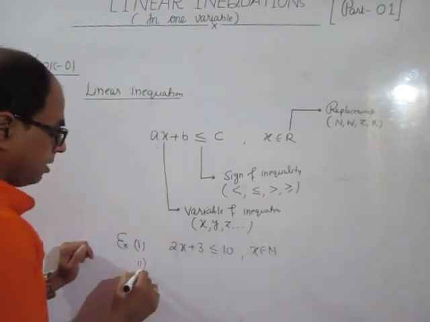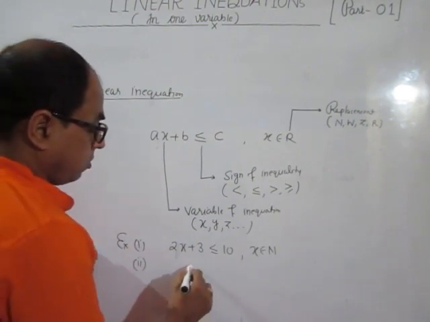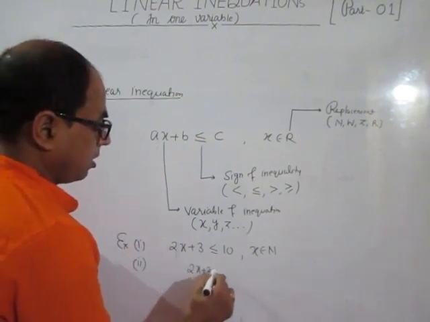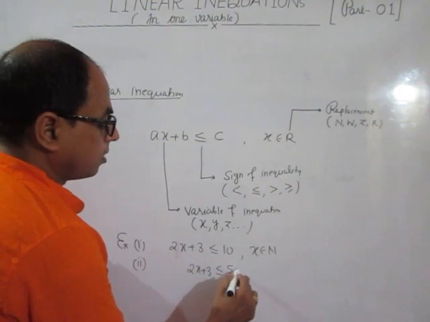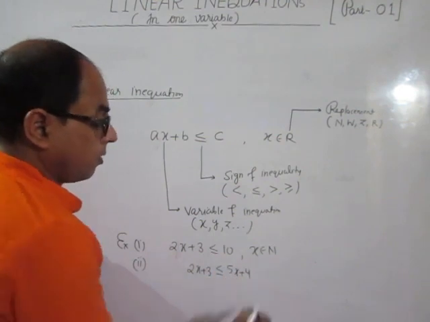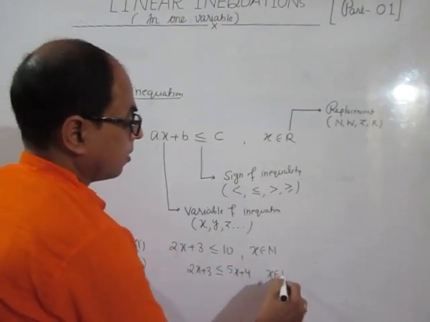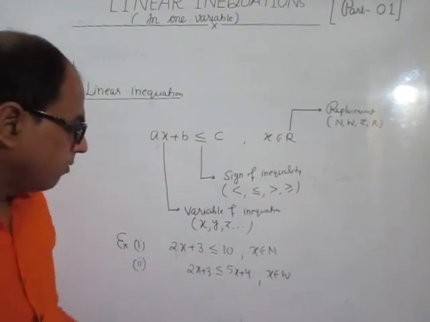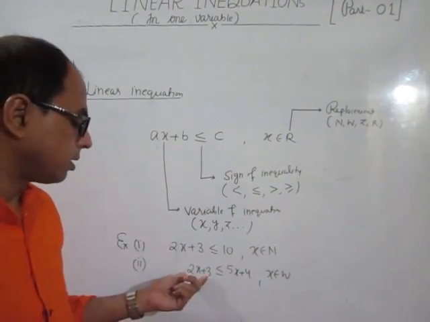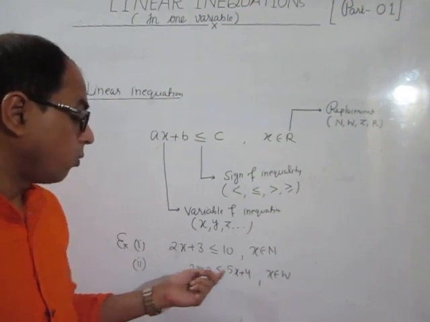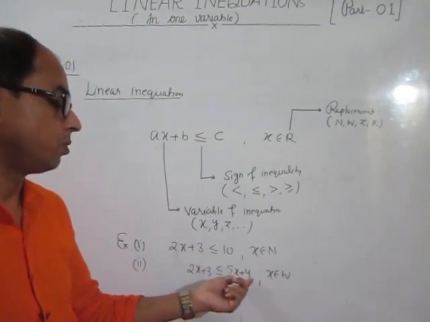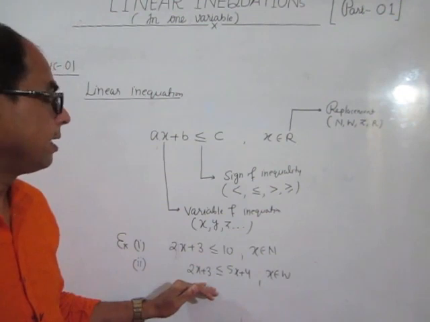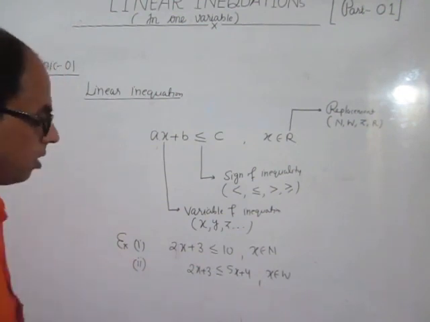Suppose we are writing 2x plus 3 is less than or equal to 5x plus 4, where x is a whole number. So here we have compared a linear expression with another linear expression. So this is also a linear inequation.